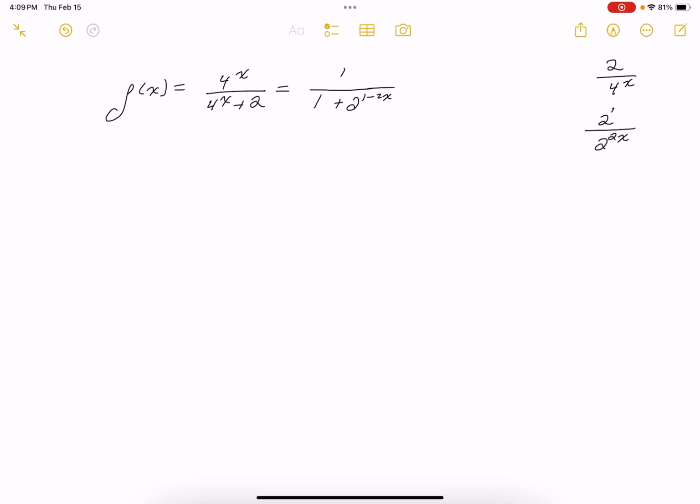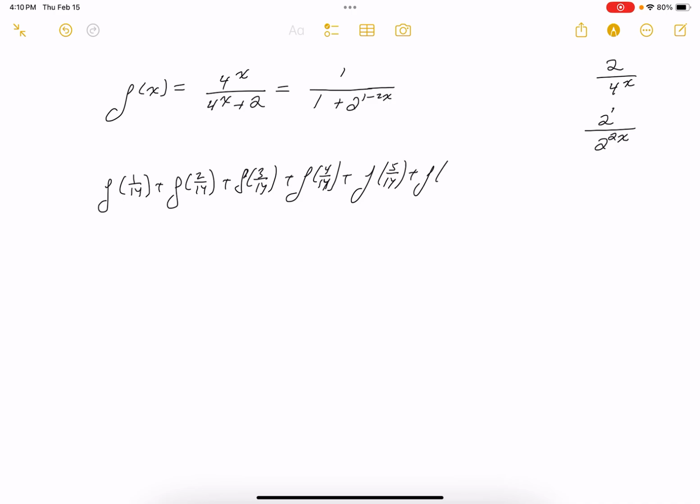And what I start looking at is what they want me to do. They want f of 1/14th, f of 2/14, f of 3/14. I'm going to write them all down, actually. This reminds you of Gauss's story, kind of writing things down and then seeing a pattern to it. And yeah, it does take effort to write things down.